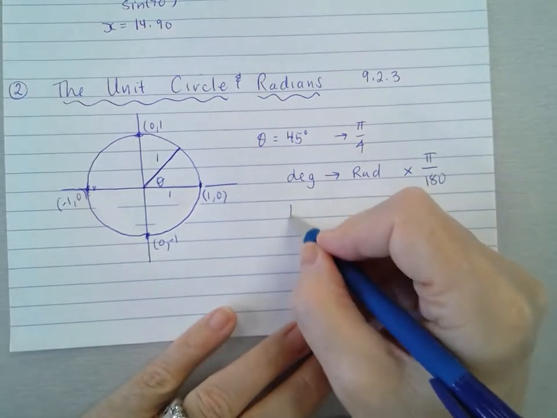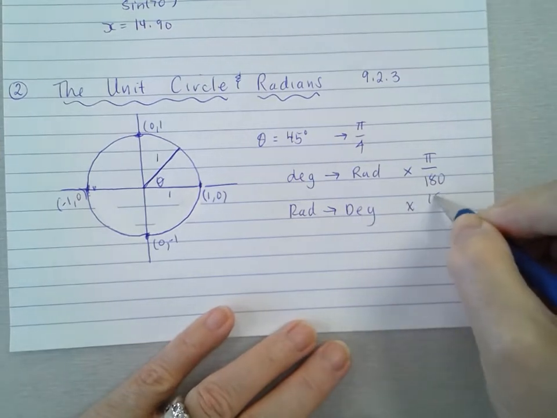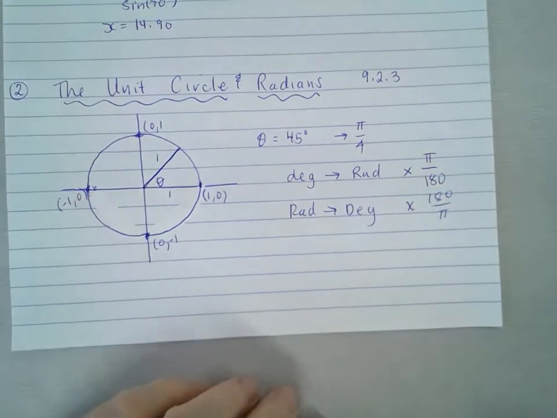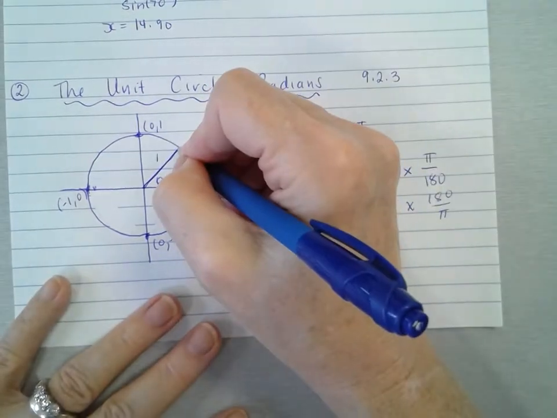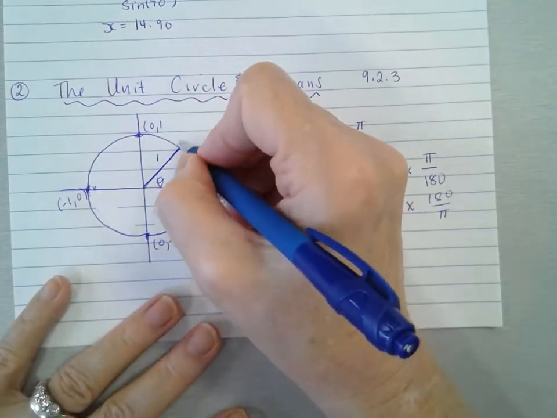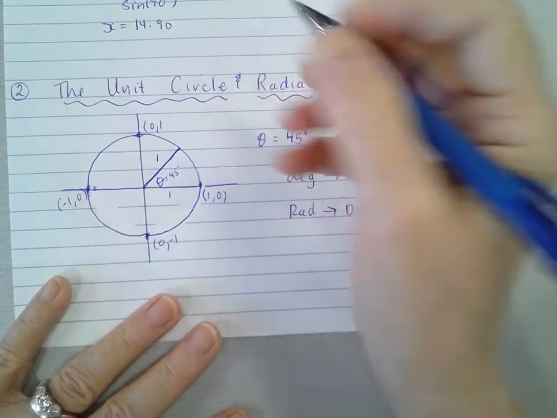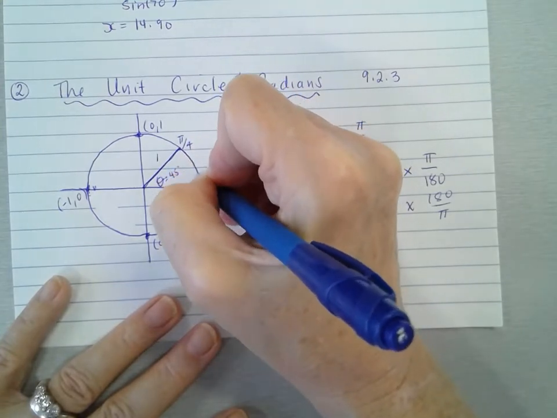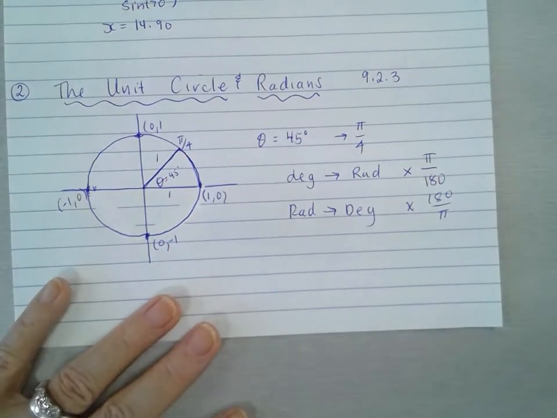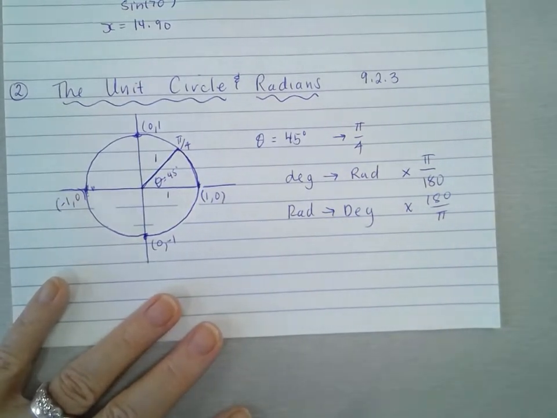And to go from radians to degrees, you multiply by 180 on pi. I'm assuming all of you know that. In the unit circle, sometimes we say that if this angle is 45 degrees, it's pi on 4 radians. It's kind of a length instead of an angle measure. All right, I think that's all that's in there.